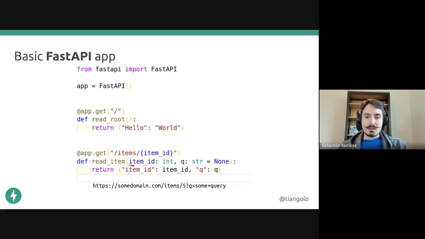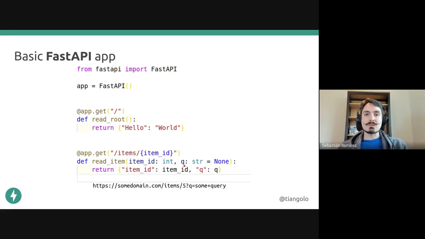So we are getting this item ID. FastAPI is detecting that it comes from the path, so it's extracting it from here. And now we're also declaring this other parameter here, which is Q, that is of type string, and by default is None.